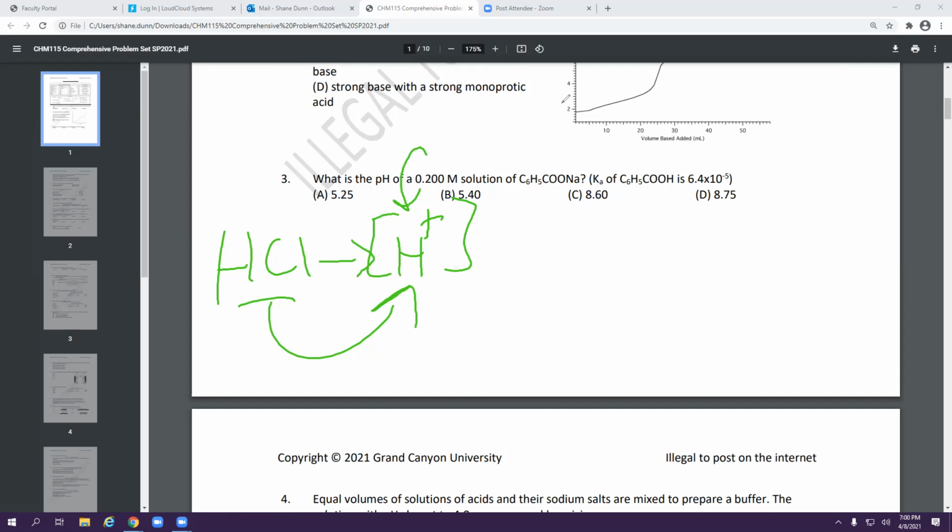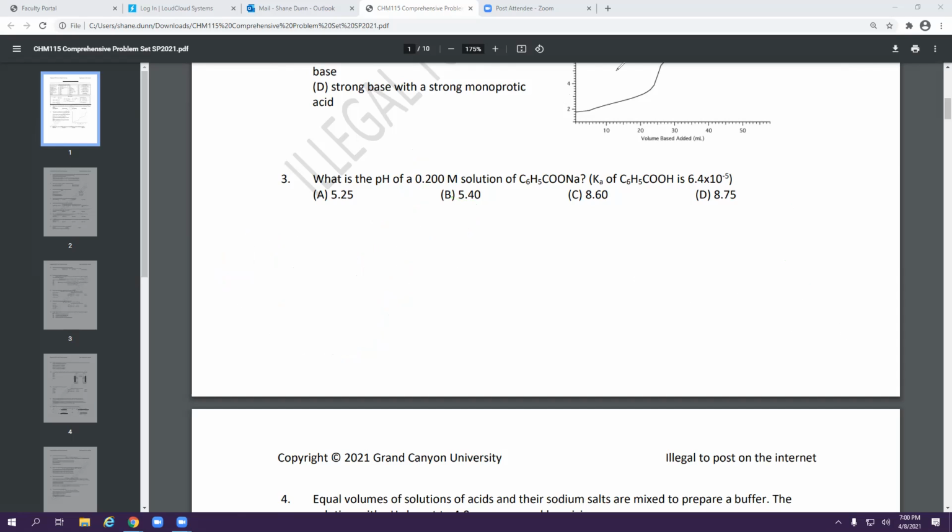However, weak acids don't dissociate 100%, right? So I have to use Ka equals X squared over HA, or products over reactants. Because this X squared is the products, H and A, over what we started off with. That makes sense.